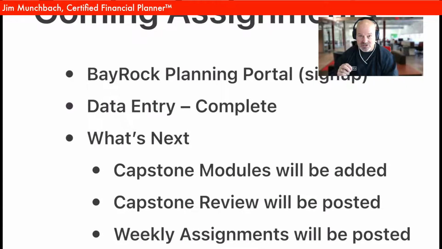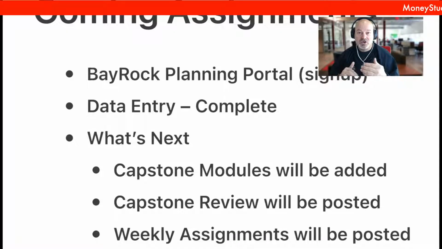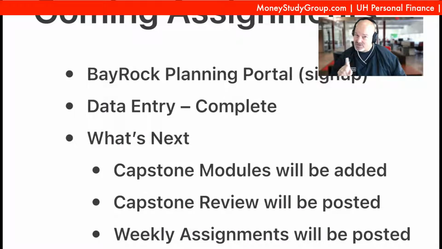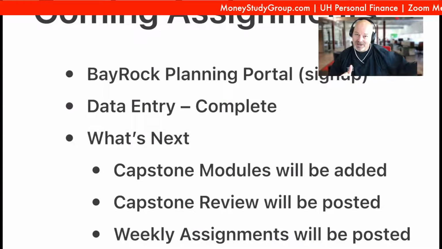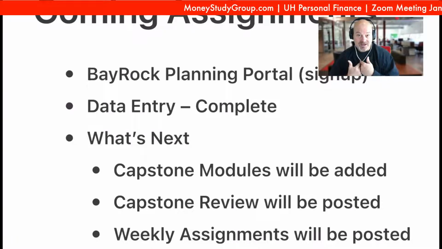You will have to register for an account, which means you'll have a login username and password, and you'll need to bookmark the website page. That's where you're going to start going into your financial plan and working on each of the pieces of your capstone. Moving forward, not this week, but in a few weeks, that'll be the assignment.